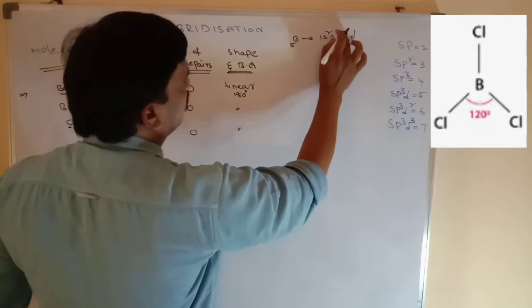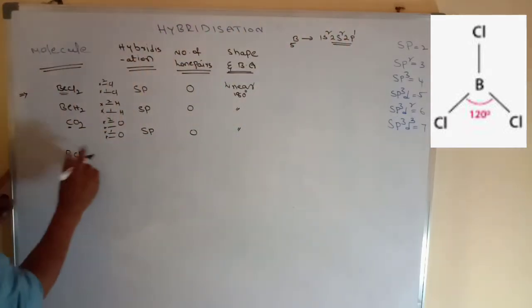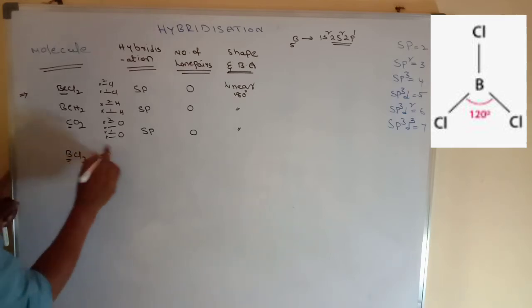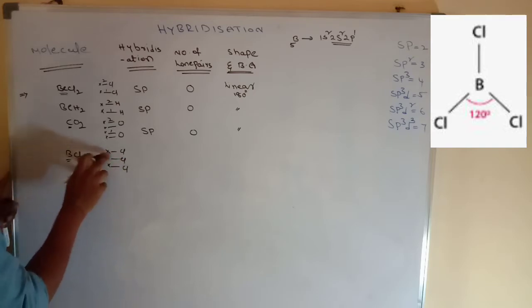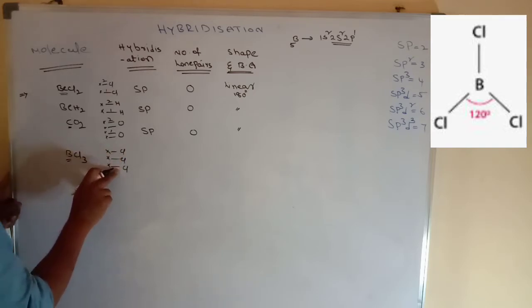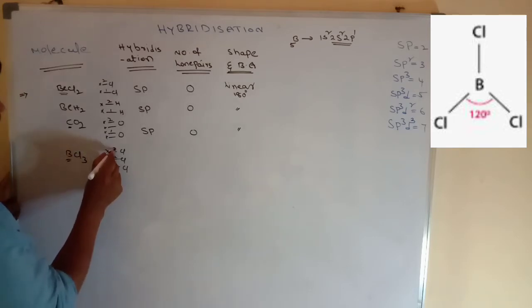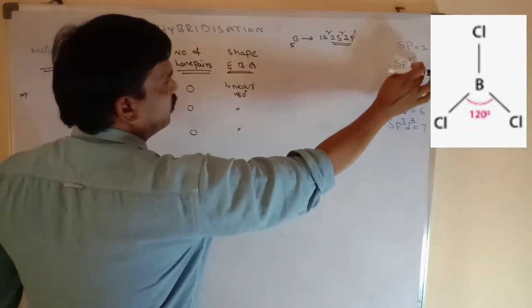The outer shell electrons are 2 plus 1, so 3 electrons are there. It belongs to the third group. Write 3 dots. How many chlorines are there? 3 chlorines, so each dot gets one chlorine with a single bond. Top to bottom, give numbering 1, 2, 3. So 1, 2, 3 means the sum of powers is 3, which is sp2.